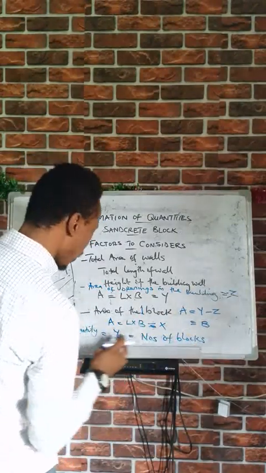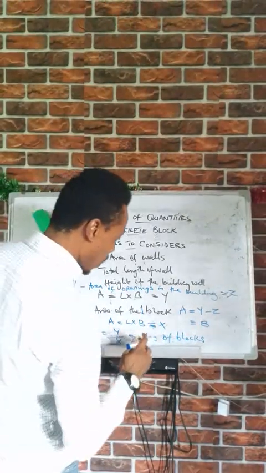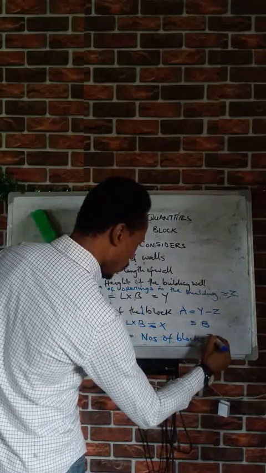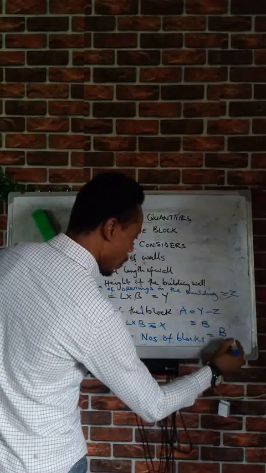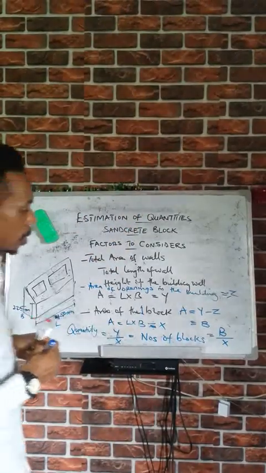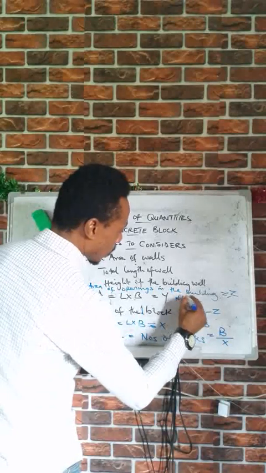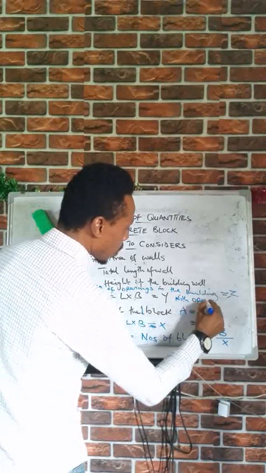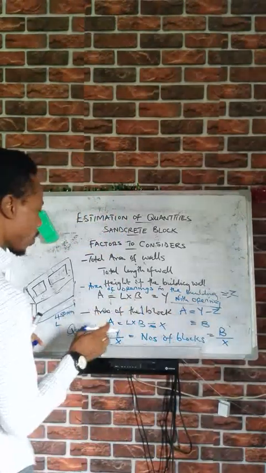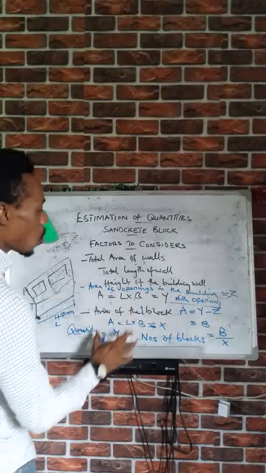So for you to get the quantity now, the quantity becomes b divided by x. This is with openings, while the earlier one, y divided by x, is without openings.